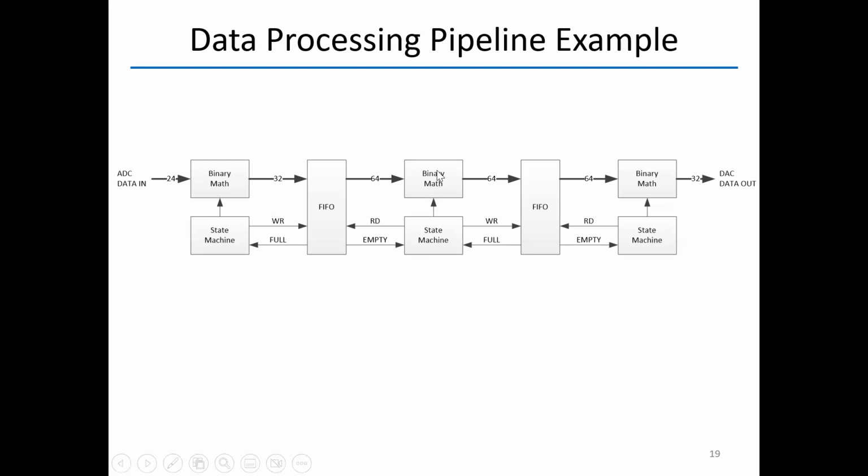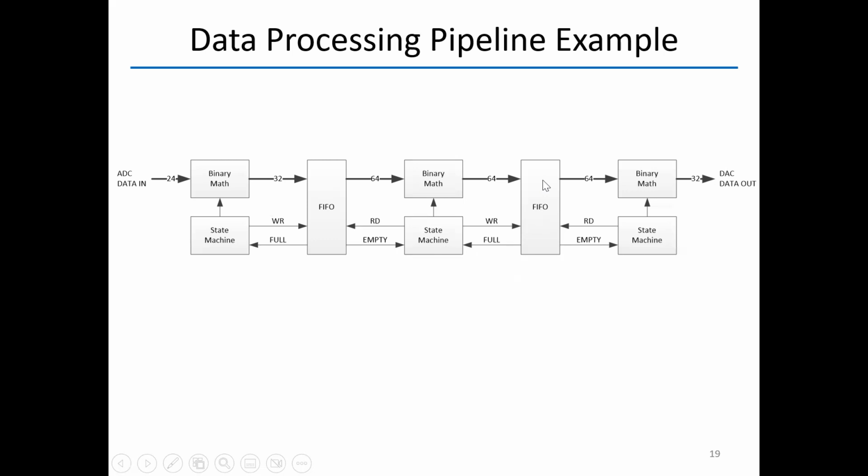But this binary math, after doing the binary, it is going to feed an output to another first in, first out. So I need for this machine to be big enough to write also, to command this first in, first out for writing. And this one, when it is full, it will flag it.